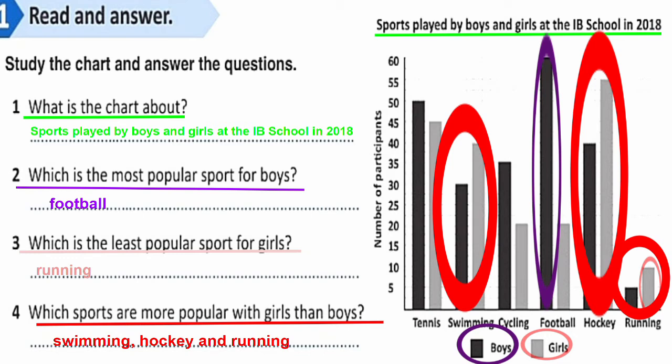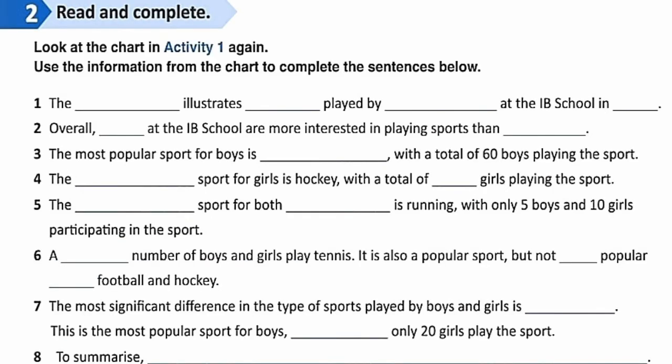Excellent. Let's move on to the second task, read and complete. Of course, using the chart, we answer the questions. Here we are going to use this chart in order to complete the gaps in these sentences.